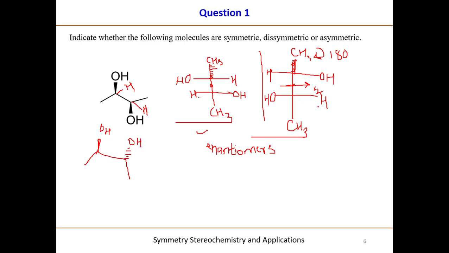That means a C2 axis is present, so the molecule is disymmetric. This molecule is disymmetric because a C2 axis is present and there is no SN axis. And they are non-superimposable mirror images, which means they are enantiomers. Okay.